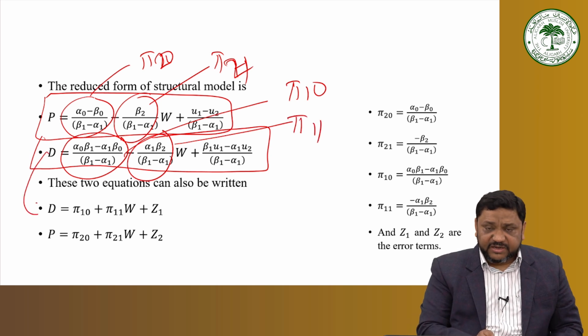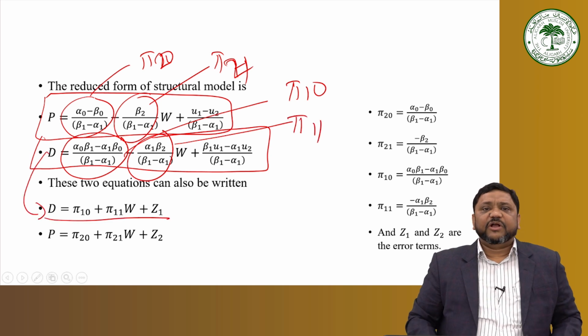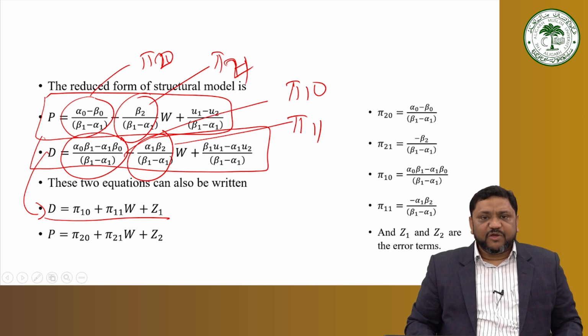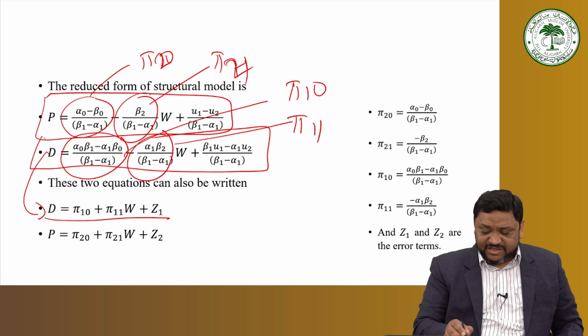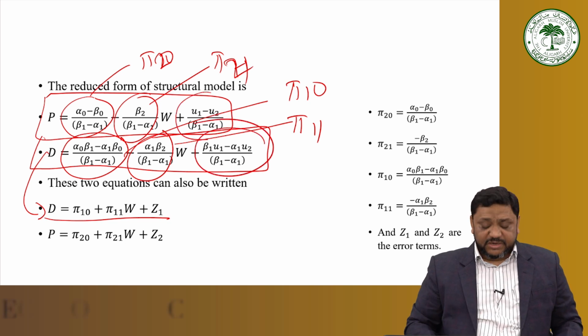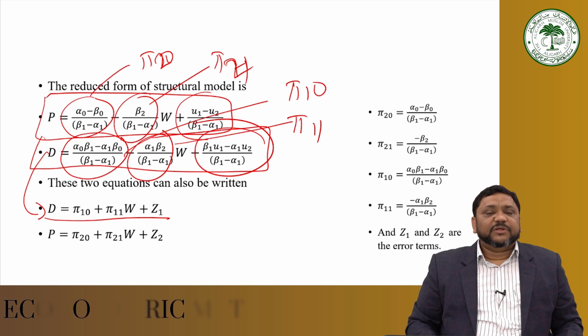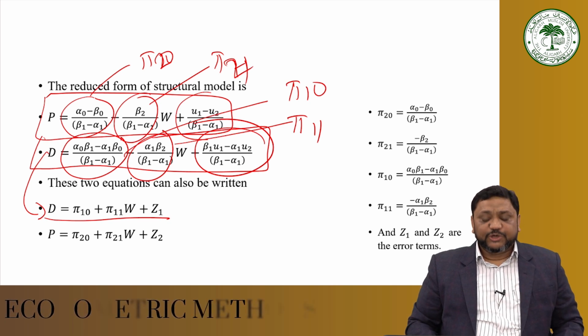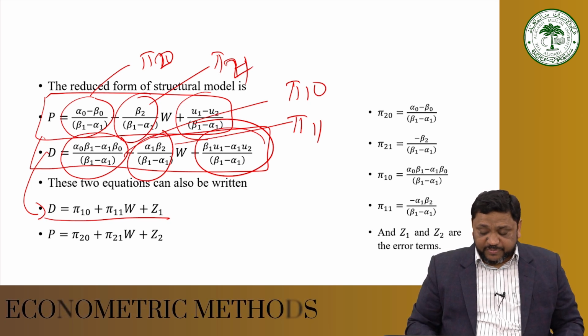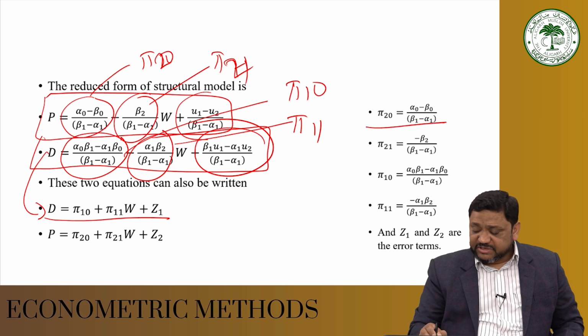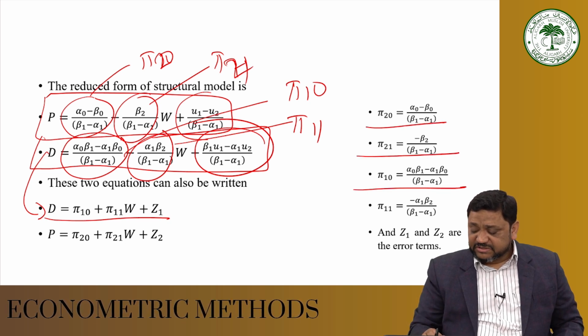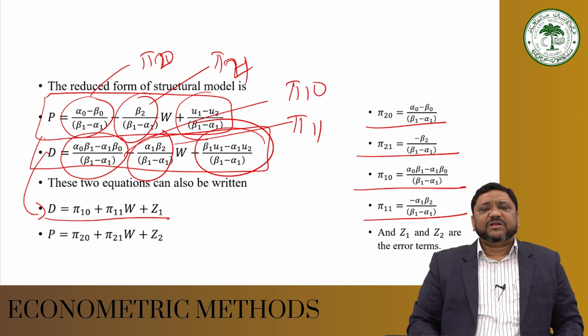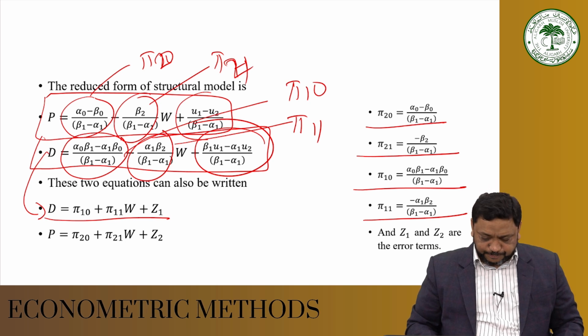So first we write the demand function as D is equal to pi 10 plus pi 11 w plus z1, this term being the error term, and P, the price function, is written as pi 20 plus pi 21 w plus z2. So pi 20 is this, pi 21 is this, pi 10 is this, pi 11 is this, and z1 and z2 are the error terms.